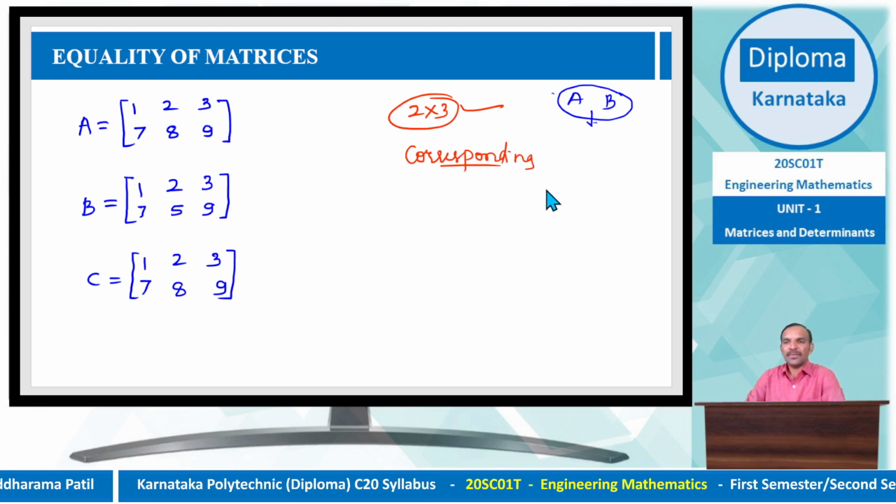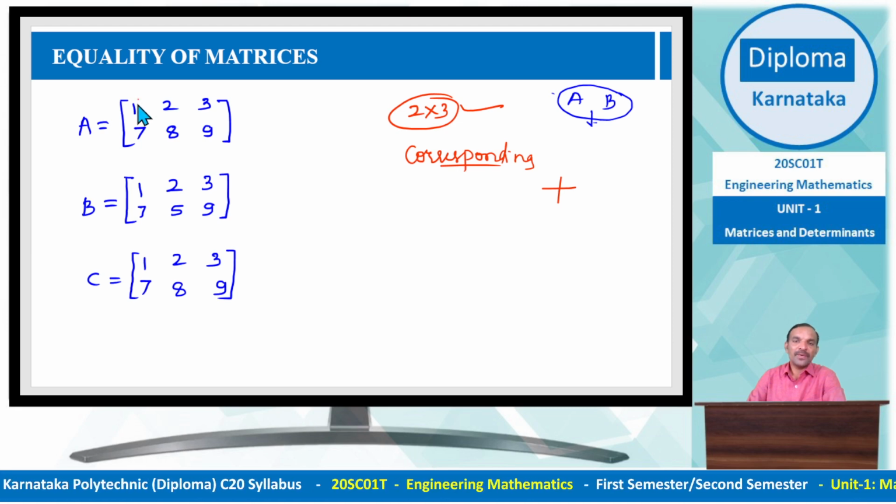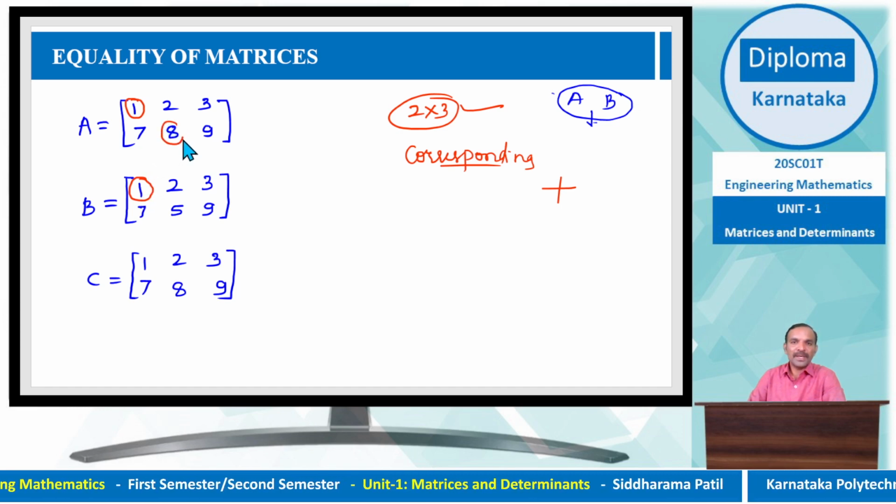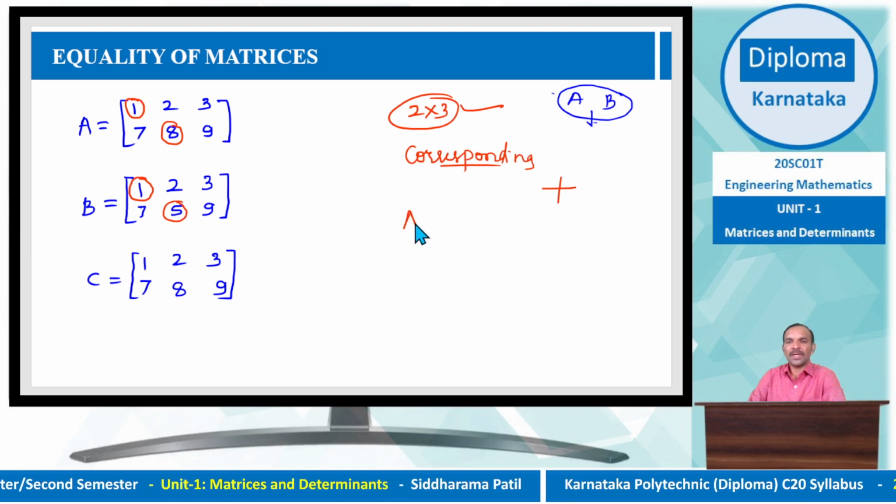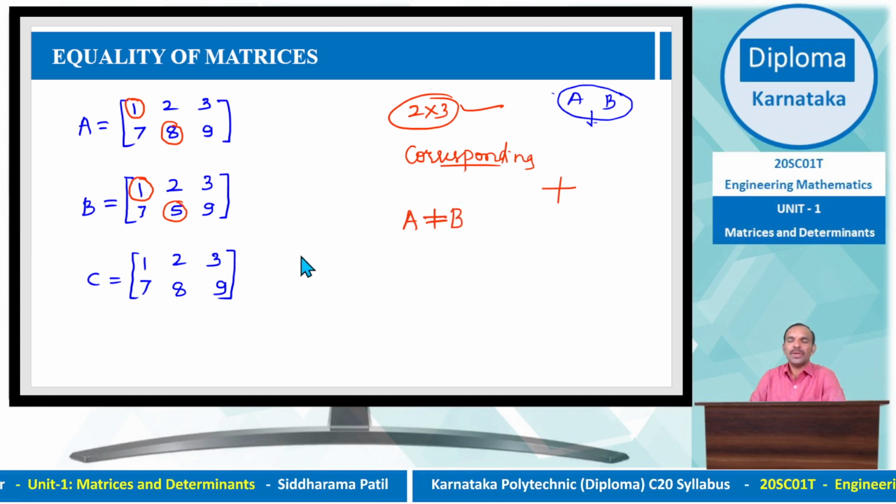The first row first column element is 1 in both. These are called corresponding elements. Here the second row second column element is 8, and here the second row second column element is 5. Therefore, these 2 matrices are not equal. A is not equal to B.